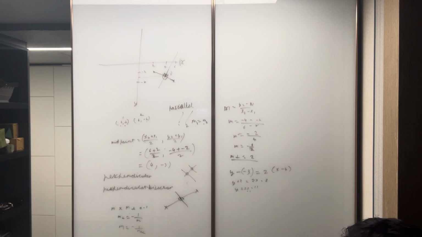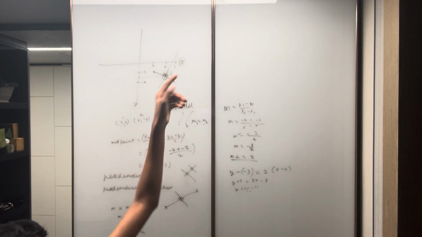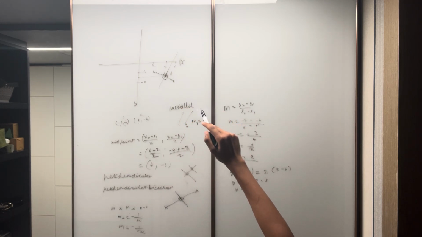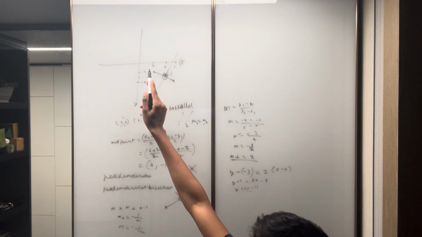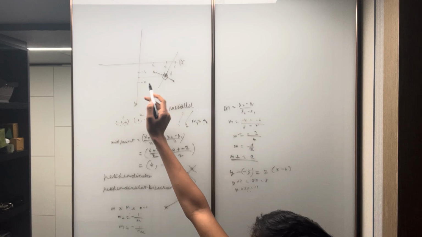Now, I'm going to show you one more thing. You're going to find the x-intercept, where the line intersects the x-axis. So, what you have to do is take the y value as 0, because you don't know what x is, but anywhere on the x-axis, y is going to be 0.